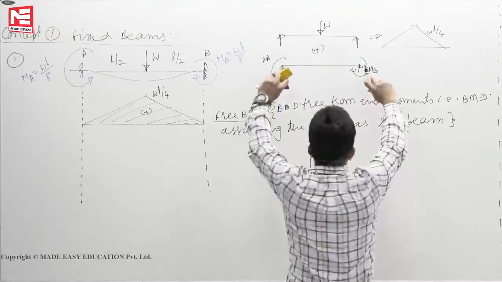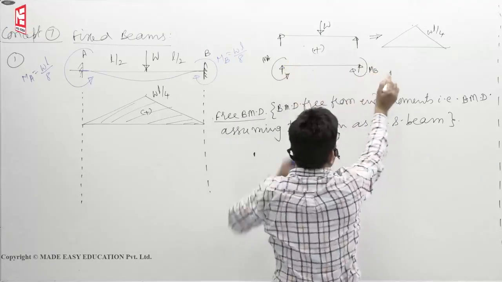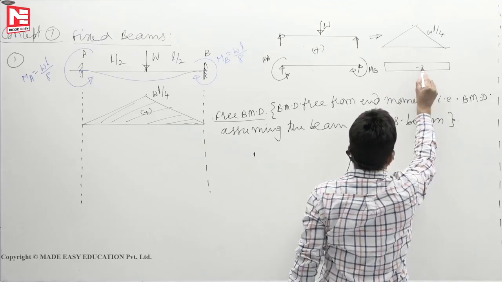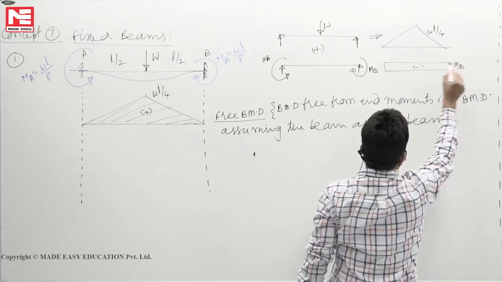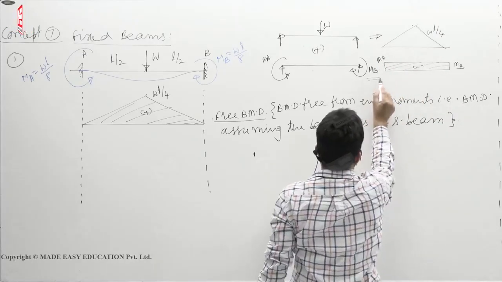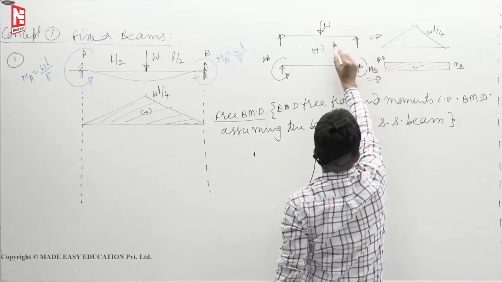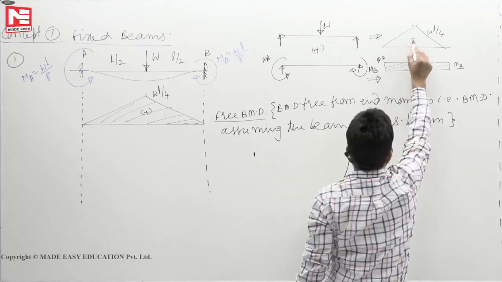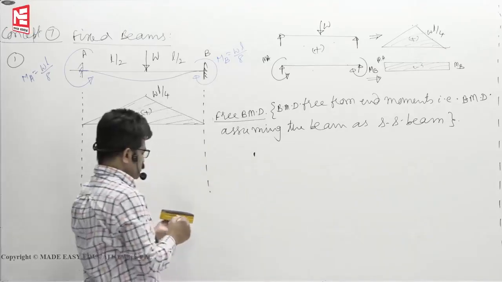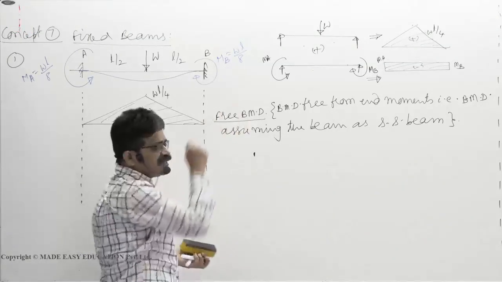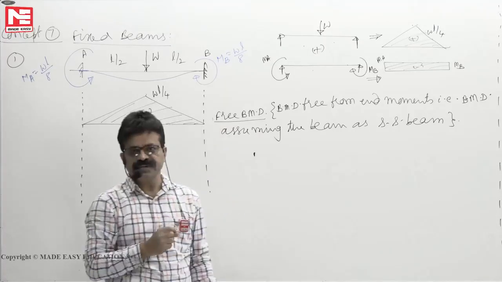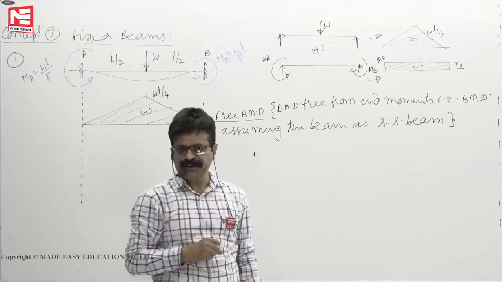Now when a simply supported beam is subjected to two end moments, we know how to draw the bending moment diagram. It's like this, MB and MA. For this loading, this is the bending moment diagram. This is positive, this is negative. So how can we write like that? From the principle of superposition. How can you apply the principle of superposition?